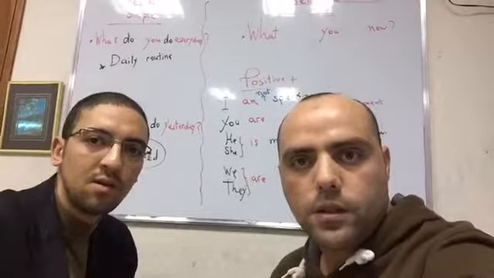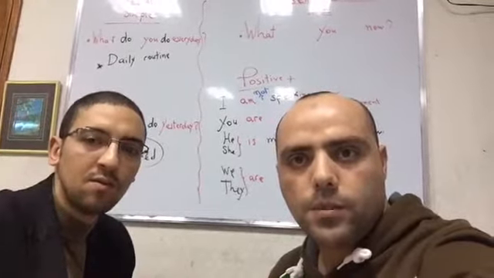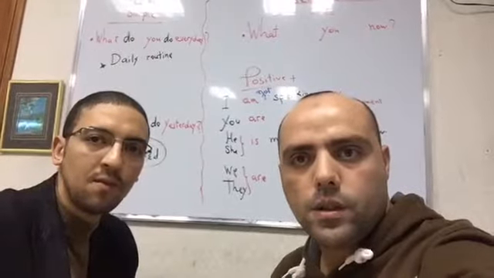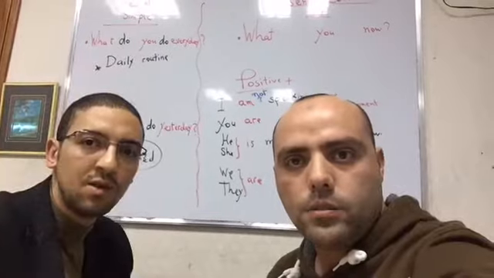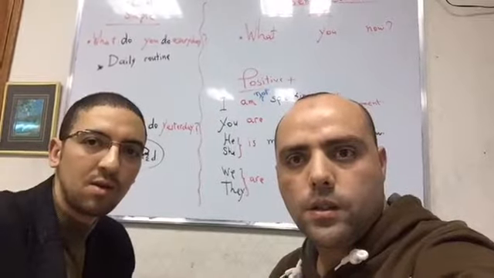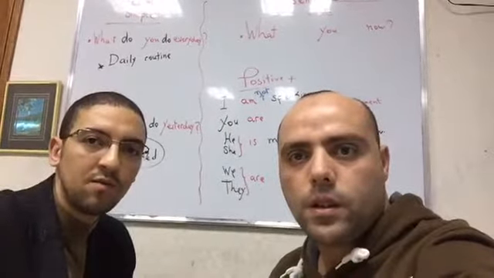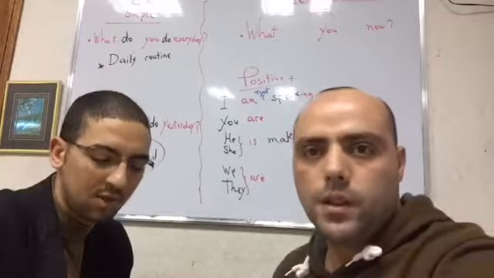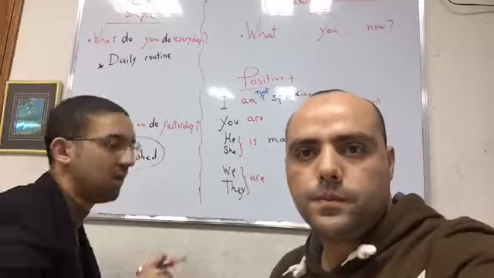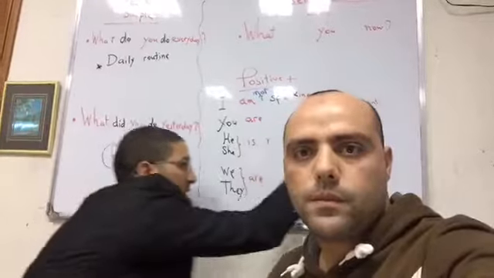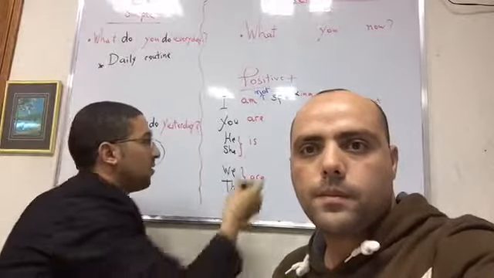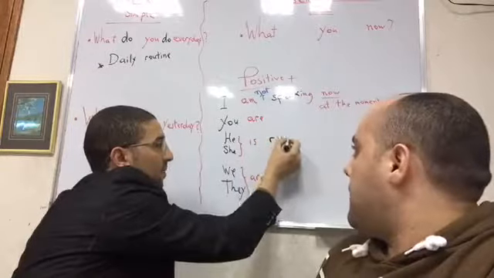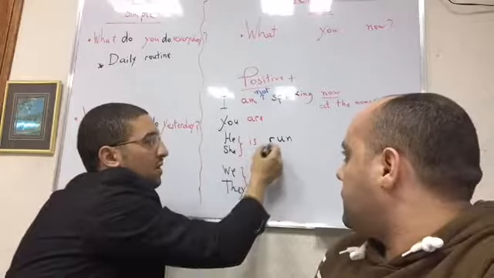Second exception. Like CVC words. He's talking about consonant and vowel. If you have a consonant, vowel, consonant, like for example "run," we call it a CVC word.